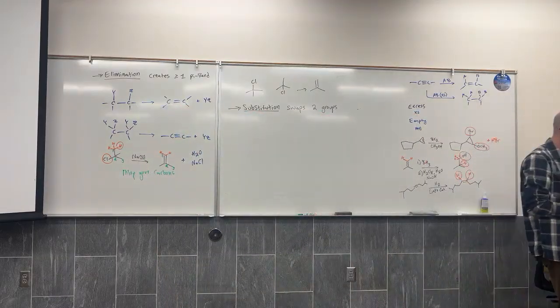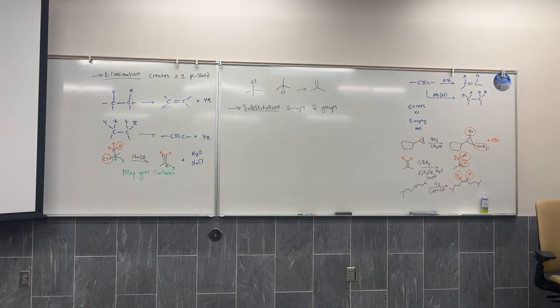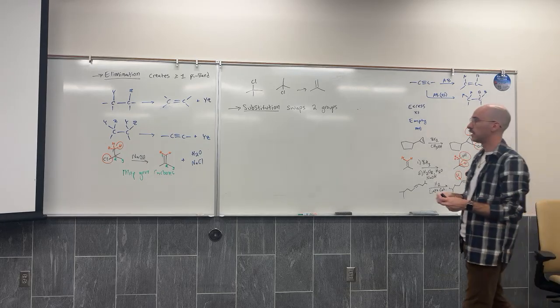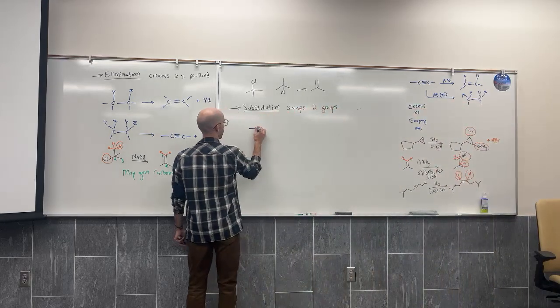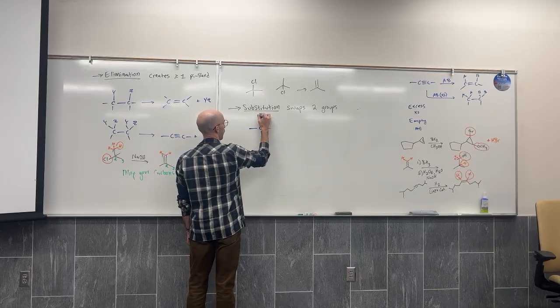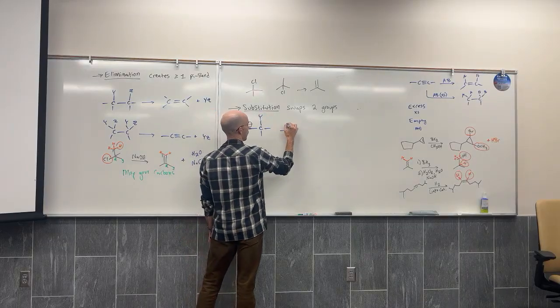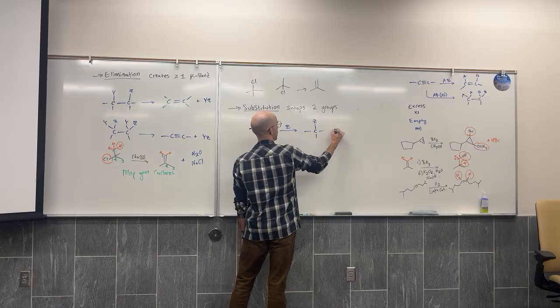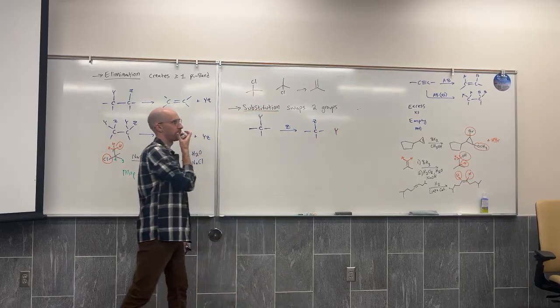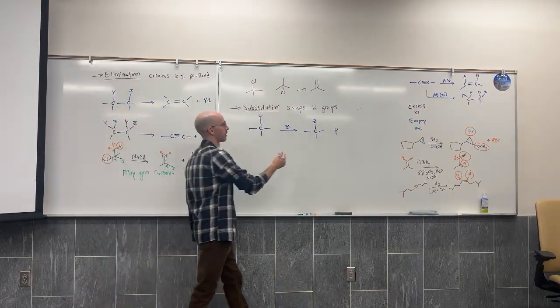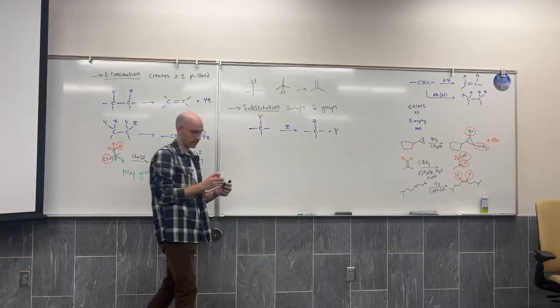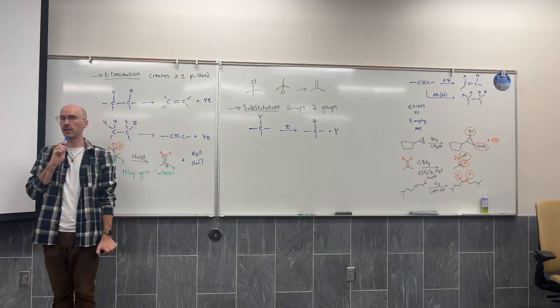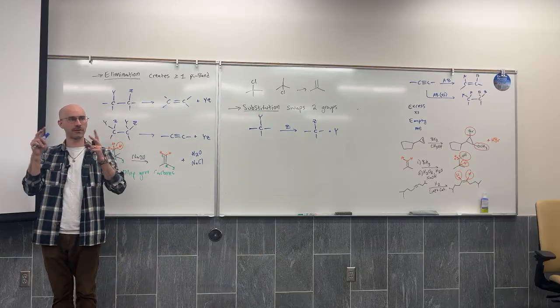The example that I have here has the same starting material as, oh, sorry, let me just show this as a generic: carbon is bonded to Z, and then carbon is bonded to Y, and then carbon is bonded to Z. By the way, do you know why I'm not using X as a variable?